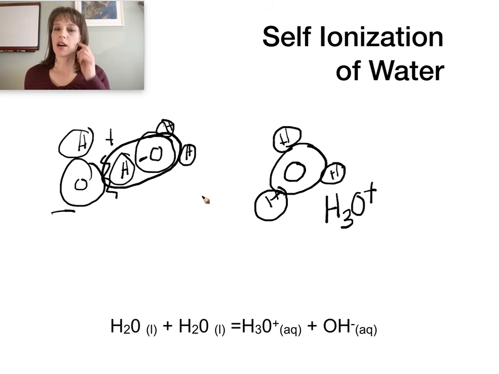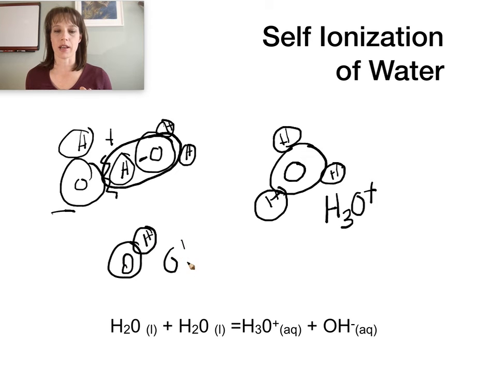So when we talk about the Arrhenius definition of increasing hydrogen ion concentration, hydrogen doesn't actually exist by itself. It bonds with the other water molecule and becomes a hydronium ion. Because this hydrogen is now gone, we're left with a hydroxide ion as well.